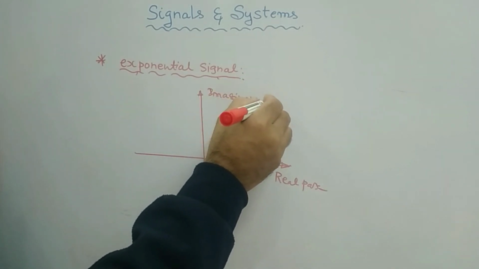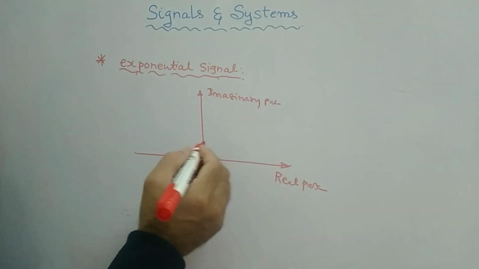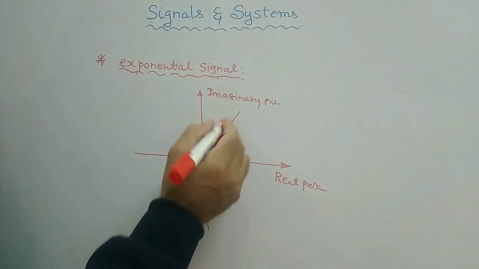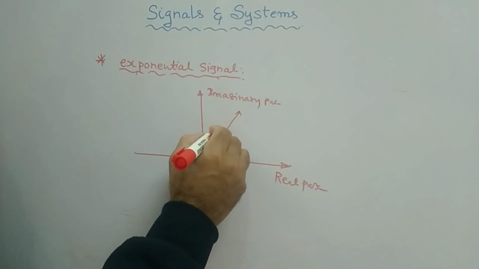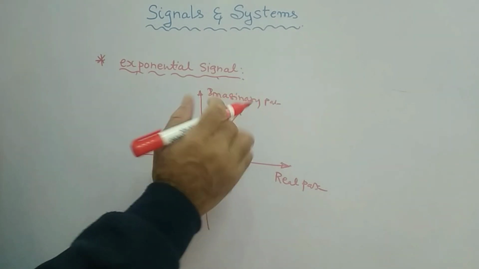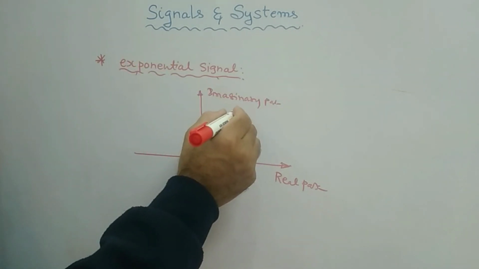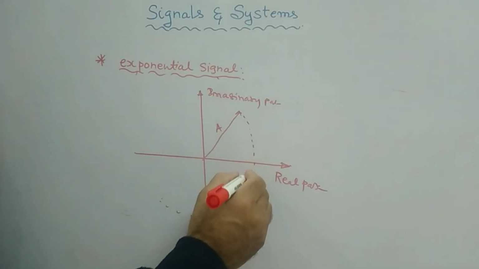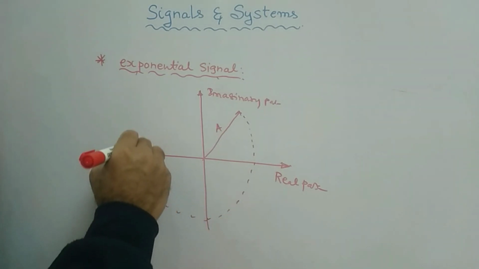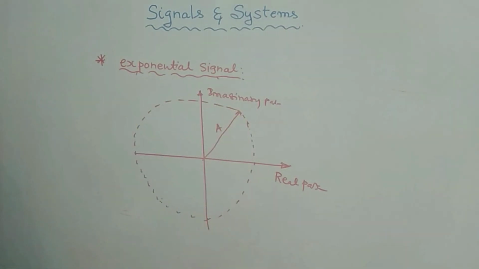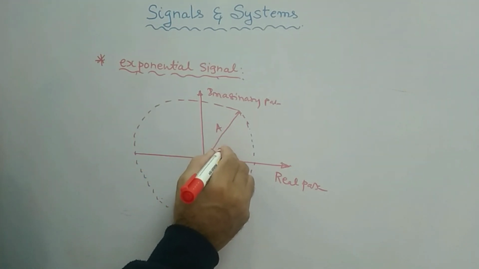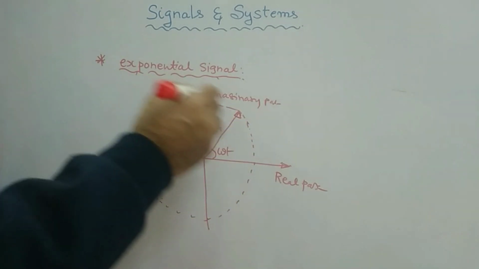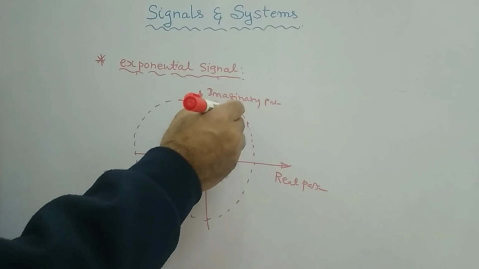The magnitude is a, which is the length of the vector. With this length, if you draw a circle, you get a dotted circle like this. This is the angle omega t. So this is your complex plane, and the magnitude a rotates.